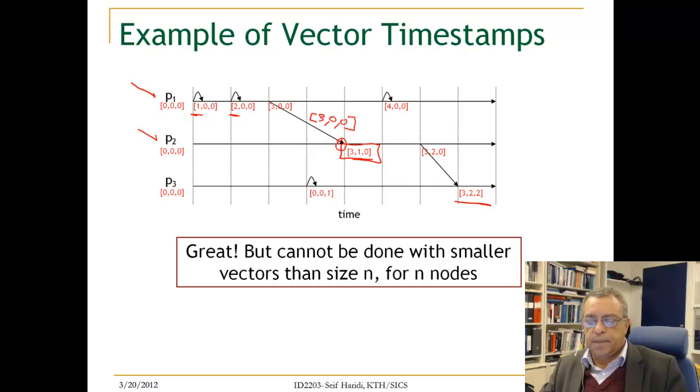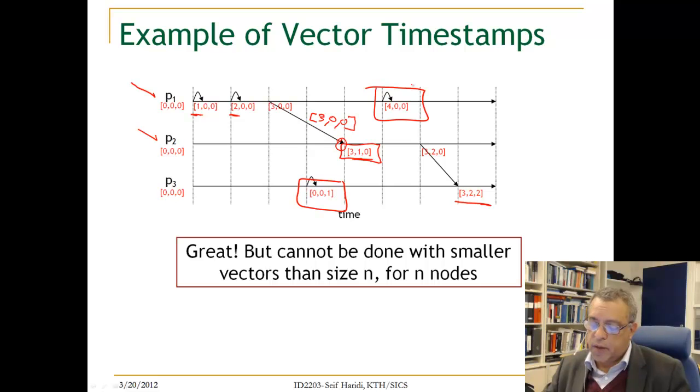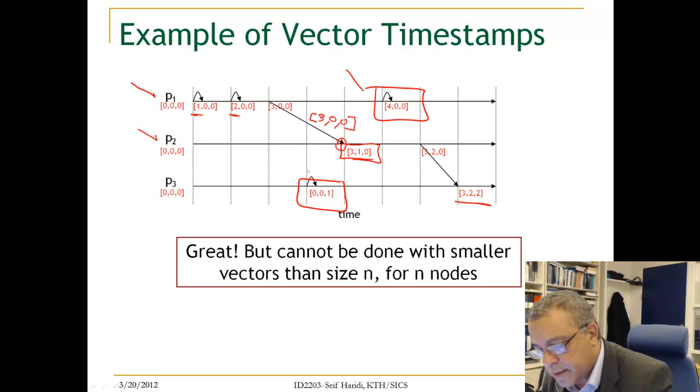Okay, and this is a continuation of the example, as you can see. So with vector timestamps, we can now compare events and say if they are concurrent or not. Here's an example of concurrent events. These are two vectors associated with events that are not comparable, so these can be considered concurrent events.